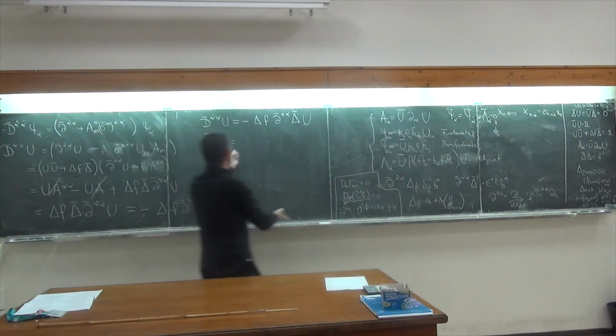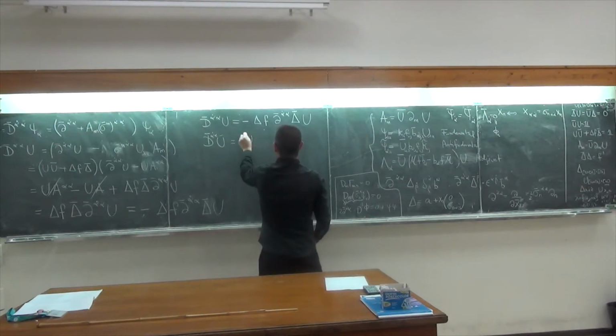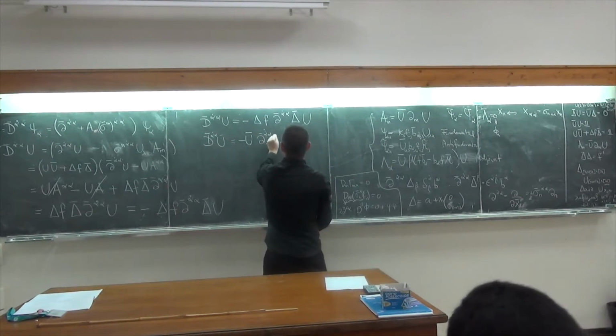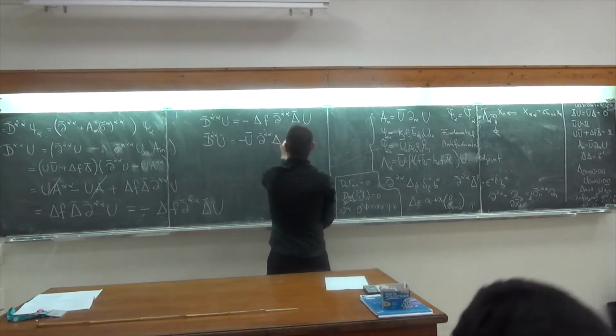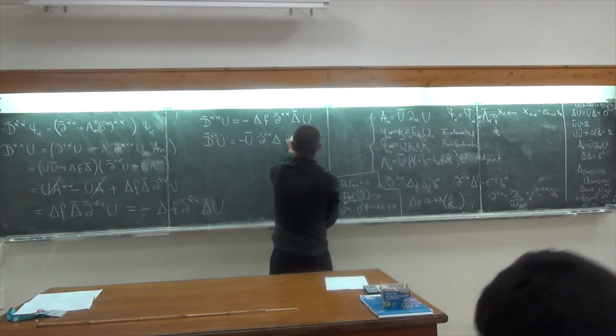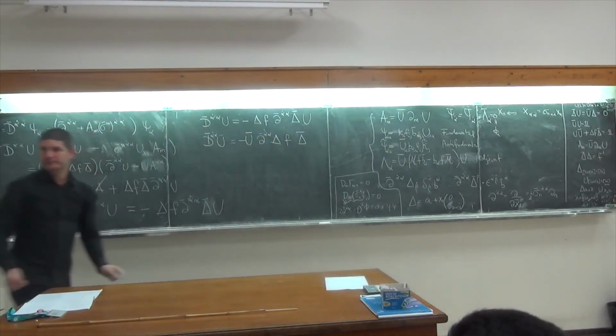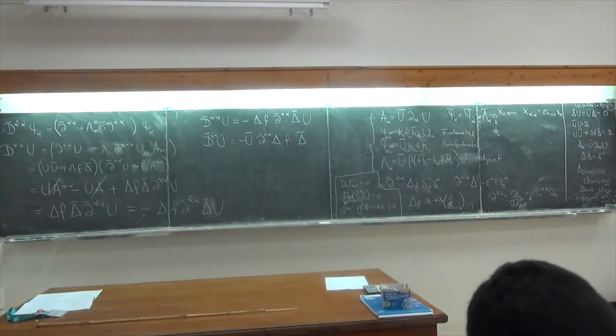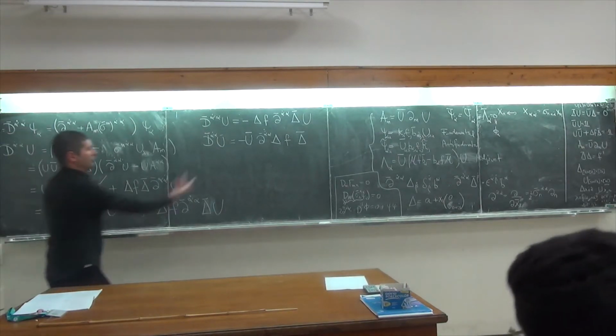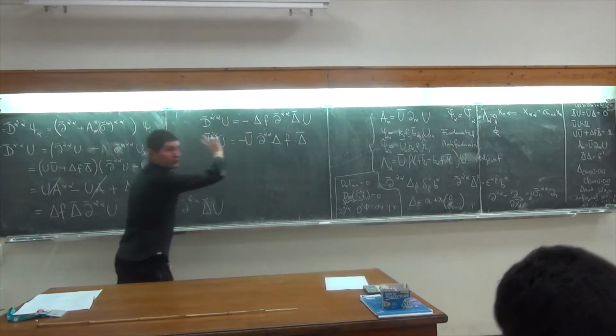And the final answer is exactly the opposite of that. You find D alpha dot alpha of delta F delta bar. You just have the Hermitian conjugate of this computation.